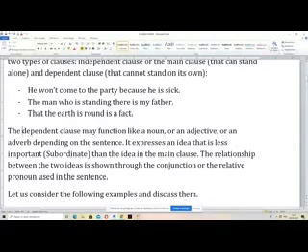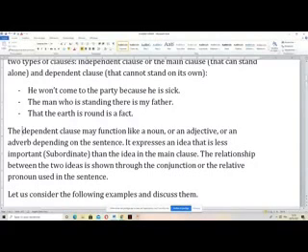Because it relates clauses, and it is a pronoun because it replaces an antecedent before it, the modified word or the referent. Like in the man who is standing there, who replaces the man, so it is a pronoun, and who relates the two clauses, so it is a relative. That's why we call it a relative pronoun.